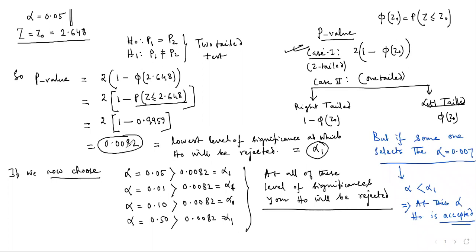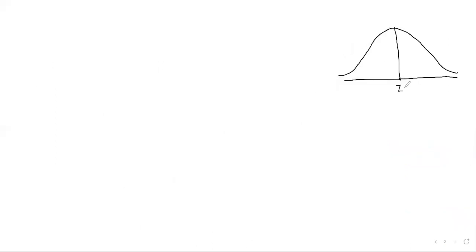Now if this probability is the probability of the critical value, then the question is, what is that critical value? So we can calculate the critical value corresponding to the p-value also. How can this be done? Let me show you.